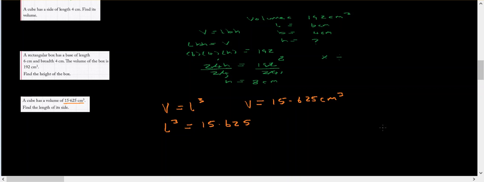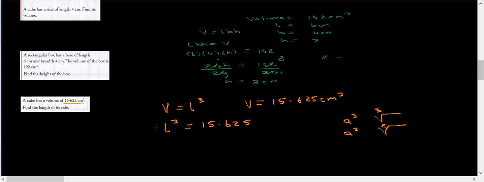Now we want to get rid of this cube. When we're dealing with indices, if I have a to the power of 3, the opposite of that is the third root of it. If I have a to the power of 2, the opposite of that is the second root of it.